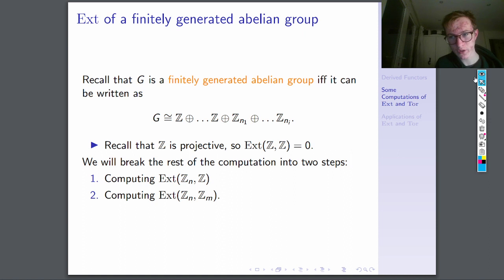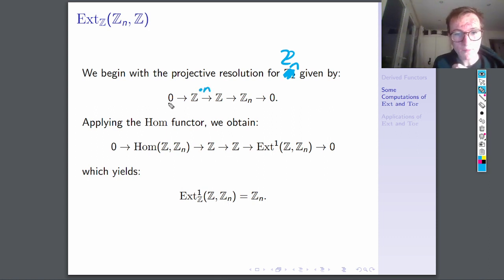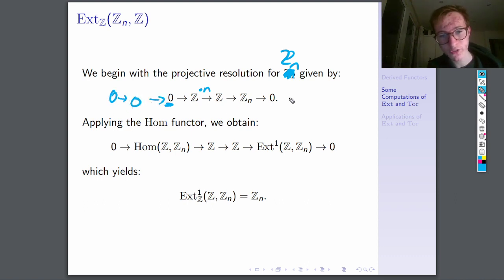So let's do the first one. We have to pick ourselves a projective resolution, and I did not mean to say the integers mod 2, I meant to say the integers mod n. And it's given by this. This is multiplication by n, this 0 would go on forever, and this is exact, of course, and the integers are projective, so we're well within our rights to do this.